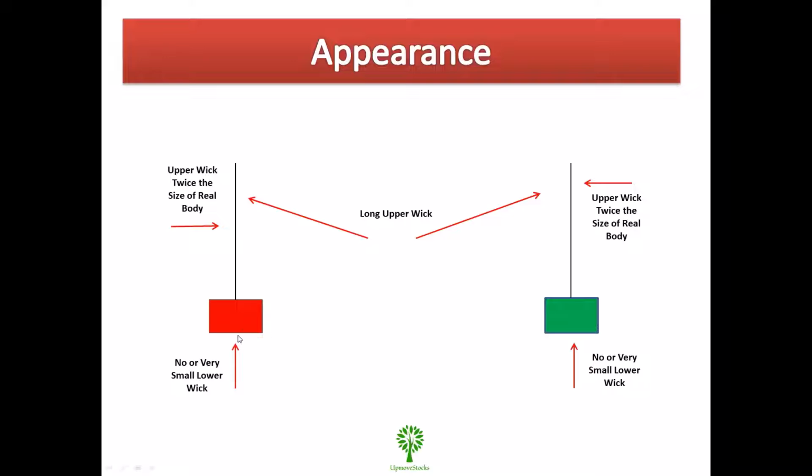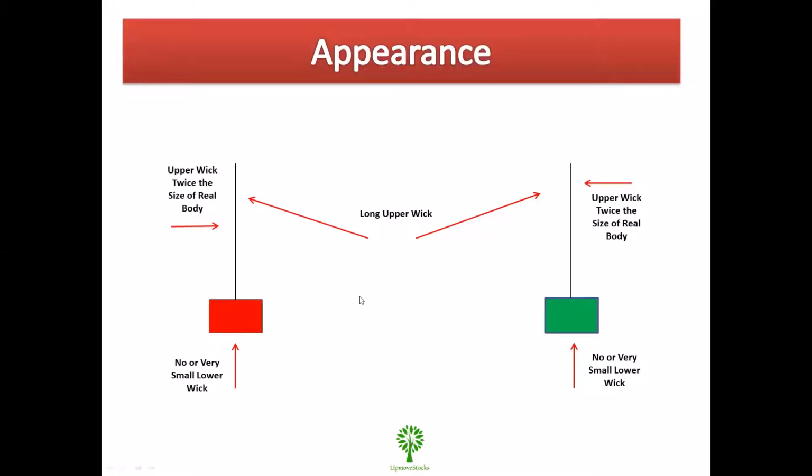So if there's no wick, a candle can still be classified as a shooting star candle, provided it meets this criteria and this criteria. It should have at least an upper wick that is twice the size of the real body of the candle, but it may or may not have a lower wick here, or it may have a smaller wick at the lower area of the candle.